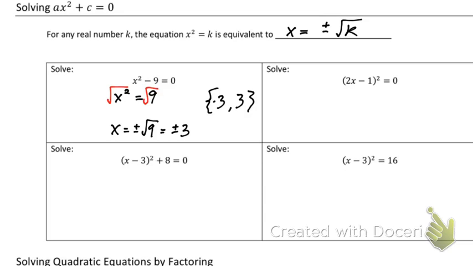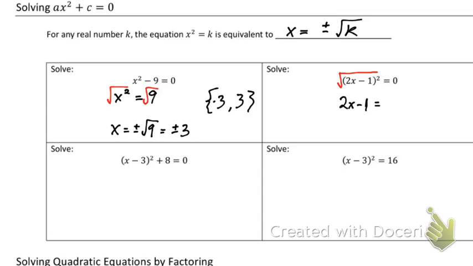Our next one says 2x minus 1 squared equals 0. Now, some of you might actually square it first and do a binomial times a binomial, but you do not need to do that. Because once again, I just have a square on one side and a number on the other side. So I can actually take the square root of this side, and the square would cancel out, and I'd just be left with 2x minus 1 on the left-hand side.